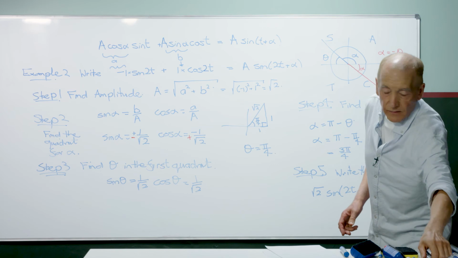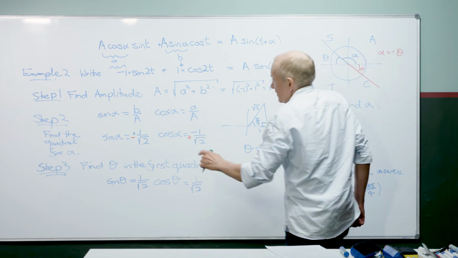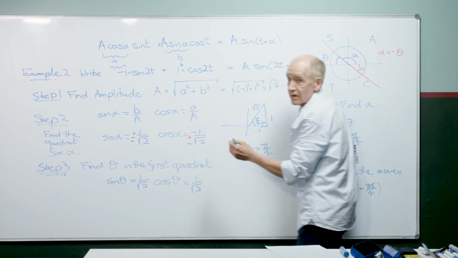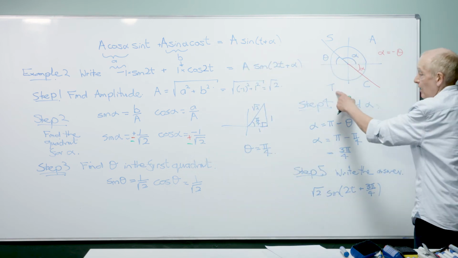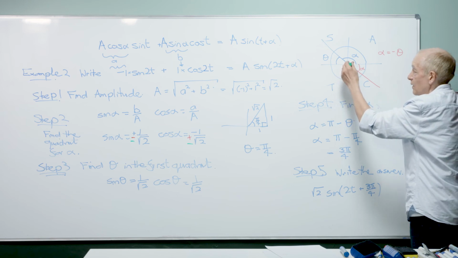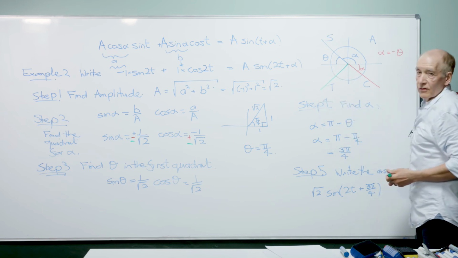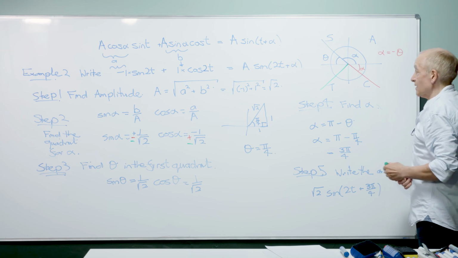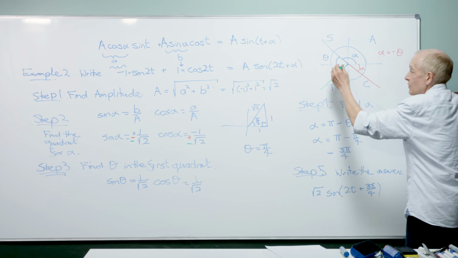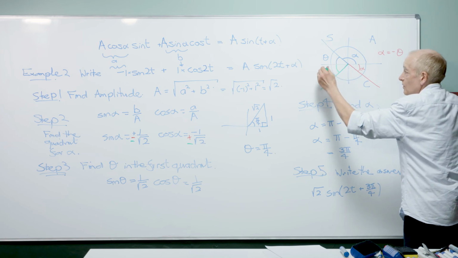Last combination is that if sine was negative and cos was negative, then tan would be positive, and cos and sine are both negative, so we'd be down here in the third quadrant. So in this case, we would find out what the angle would be in the first quadrant. That would be this angle.